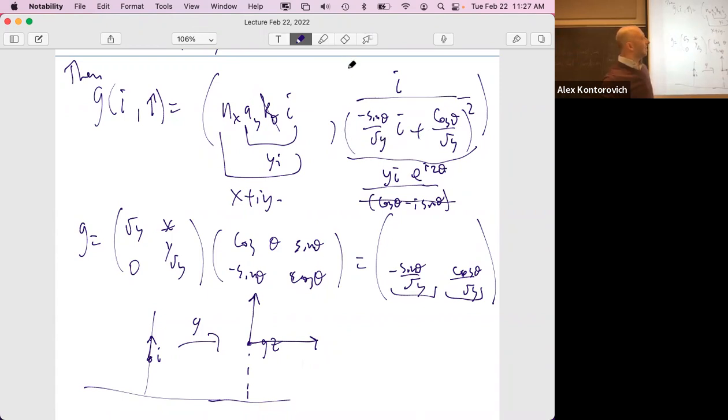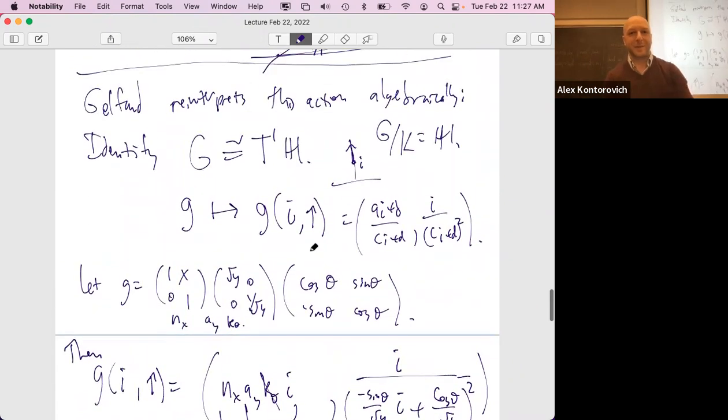The i stays in the numerator, and this becomes y. Okay, great, I'm on board. So this action is indeed transitive. It takes any point to any other point.